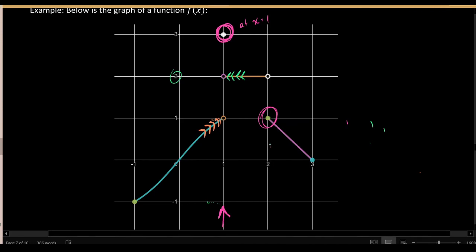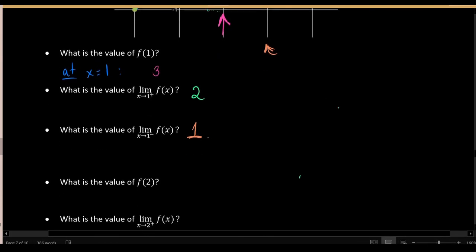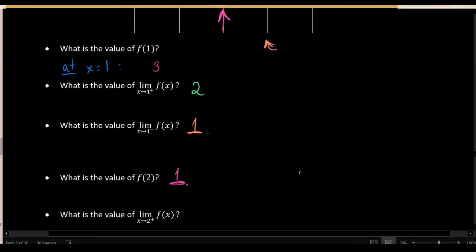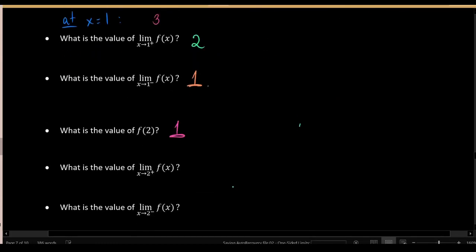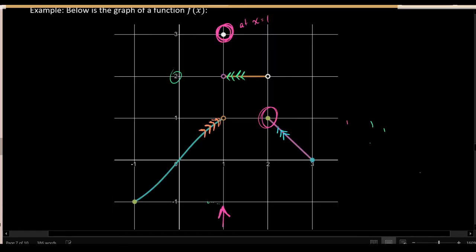And that filled dot at x equals 2 has a height of y equals 1. If we approach 2 from the right-hand side, and I'm going to follow those cyan chevrons in, getting closer and closer to x equals 2, those chevrons are pointing to a location where the y value is still 1.